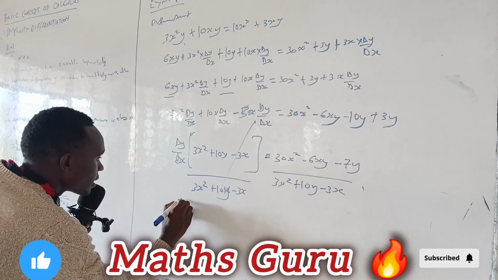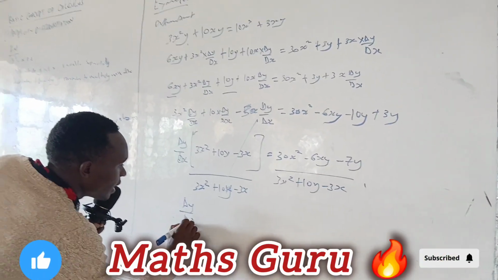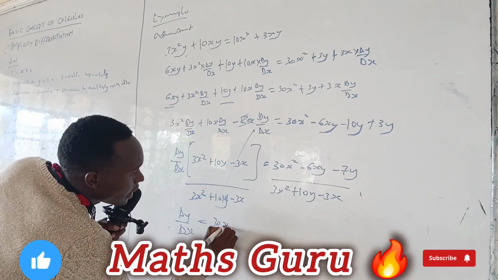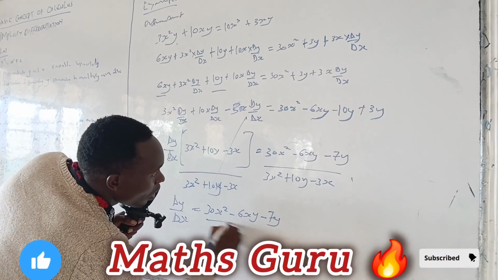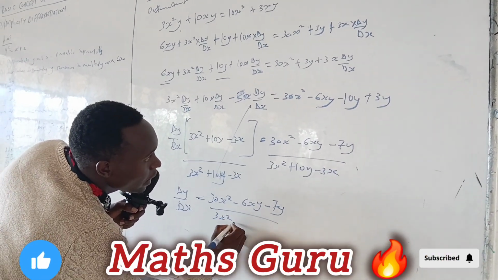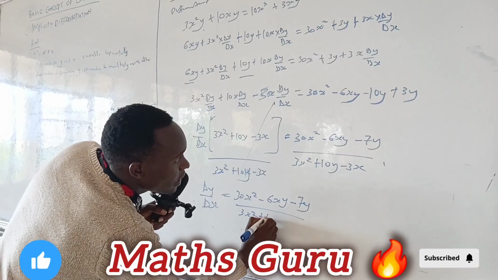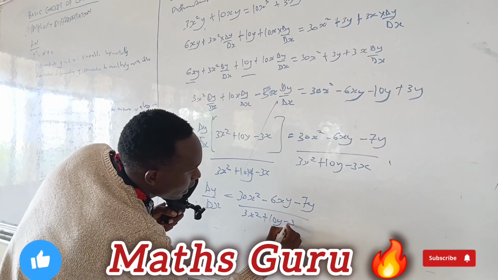So my final answer, change in y over change in x is equal to 30x squared minus 6xy minus 7y over 3x squared plus 10x minus 3x.